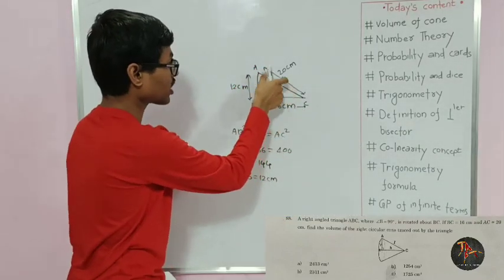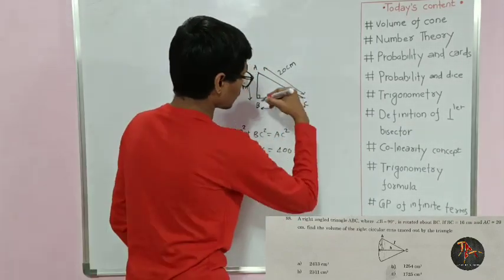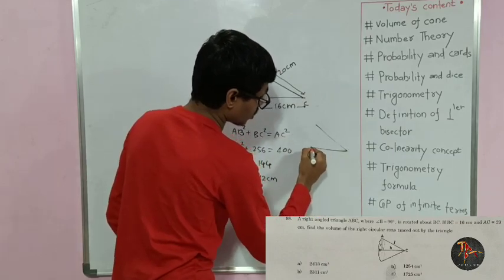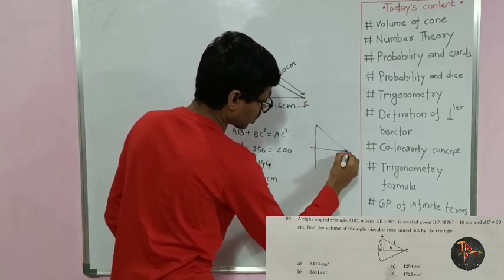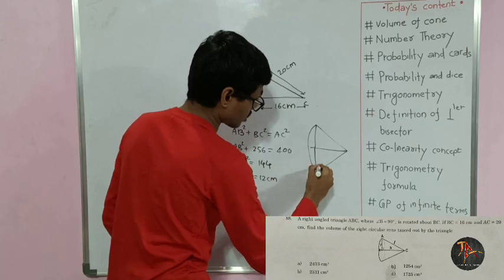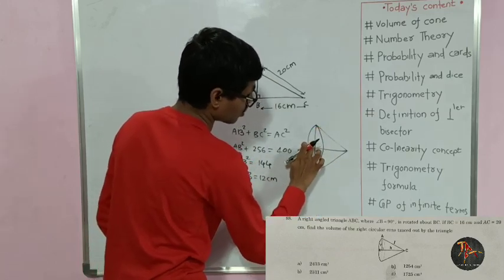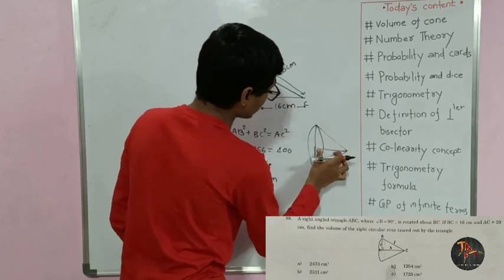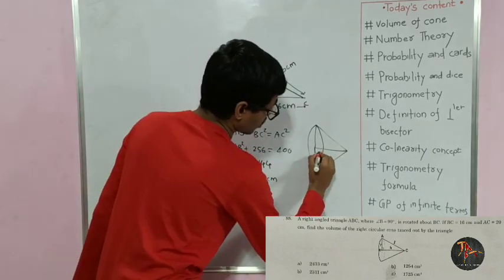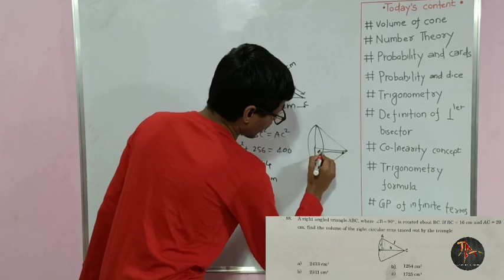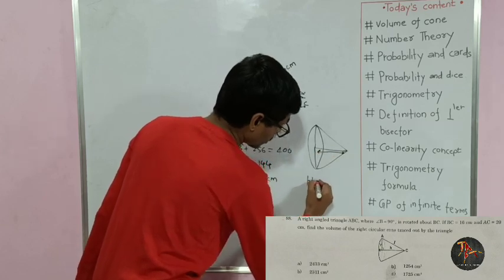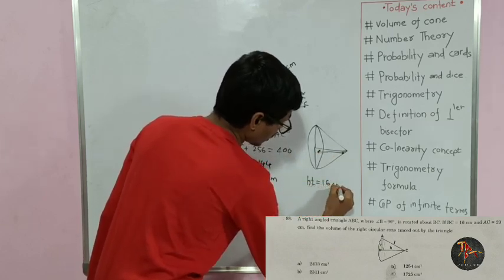So if we rotate the triangular plane, we get a right circular cone, as like this. We get a right circular cone whose height is 16 centimeter. This is the height of the cone. Height is equal to 16 centimeter.